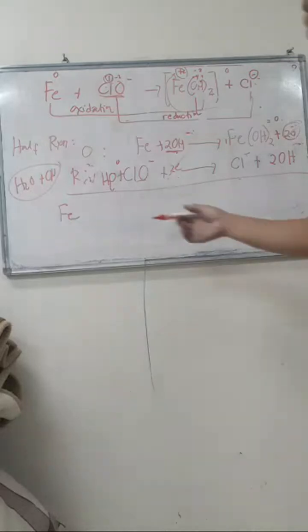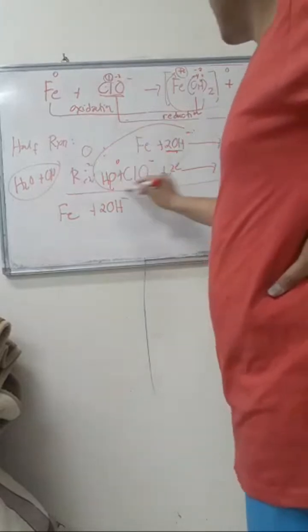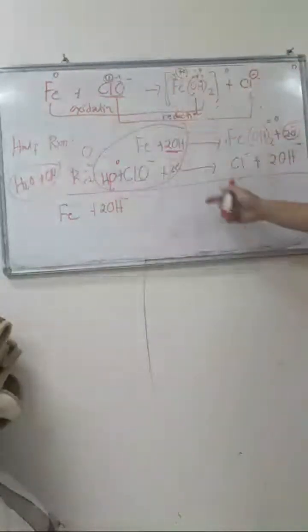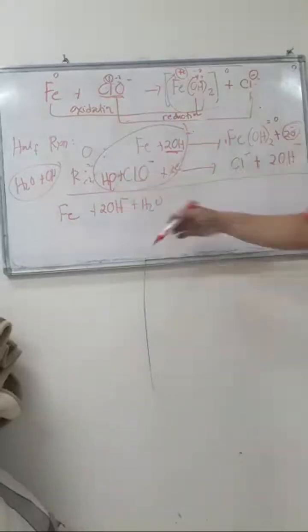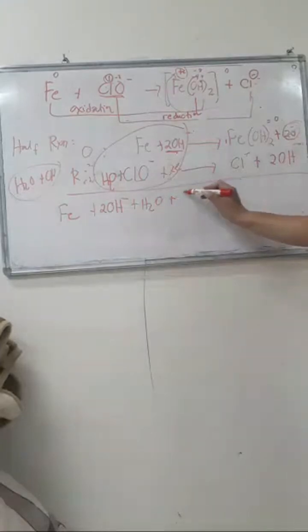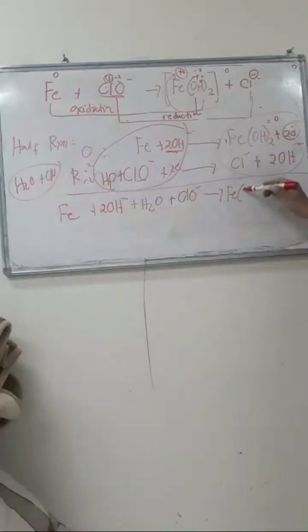So Fe plus 2OH negative, the whole reactants, you write here in a circle. Fe, 2OH negative, plus water, you don't have to put the 0, plus hypochlorite, is equal to, encircled, iron(II) hydroxide or ferrous hydroxide, plus chloride negative plus twice OH. This is our net redox equation in balancing in basic solution. Now check.